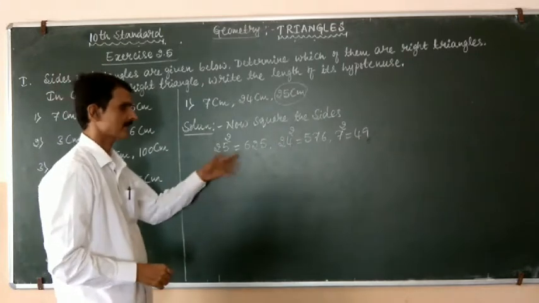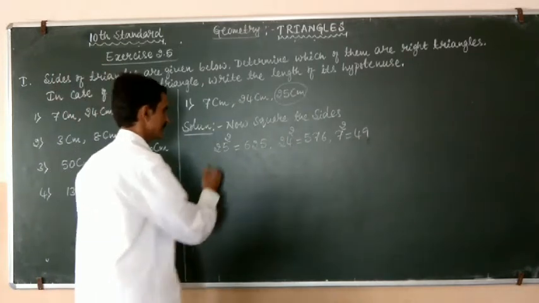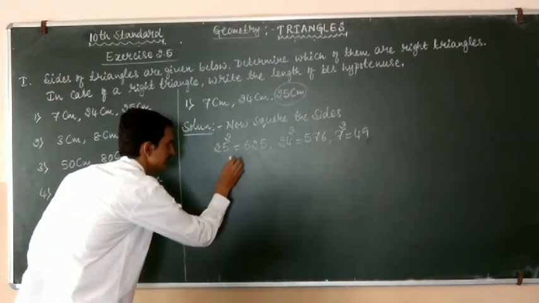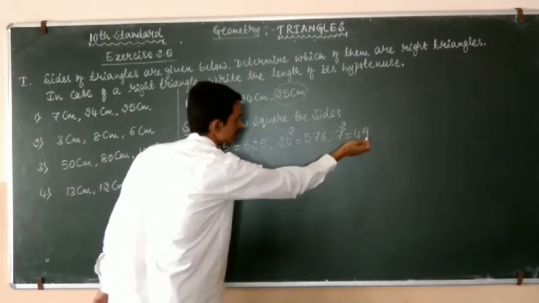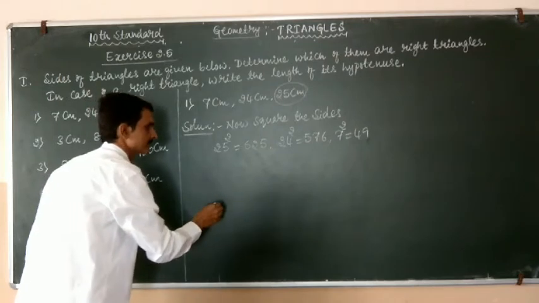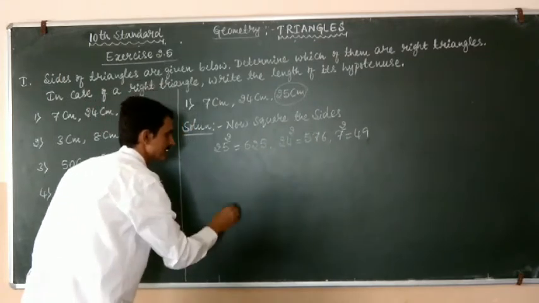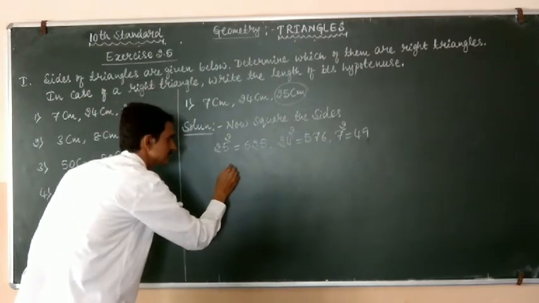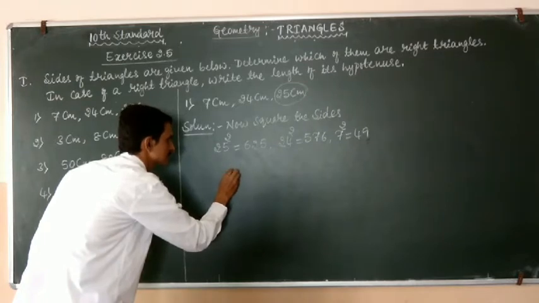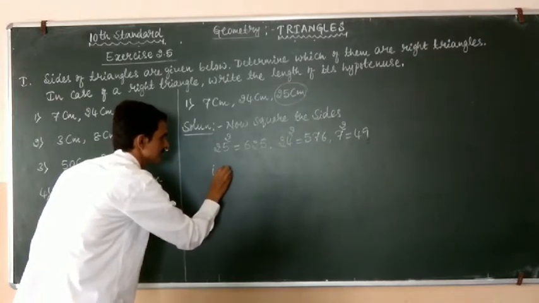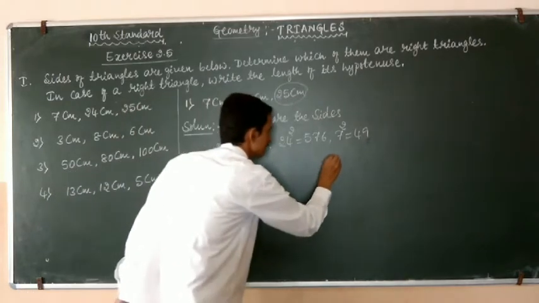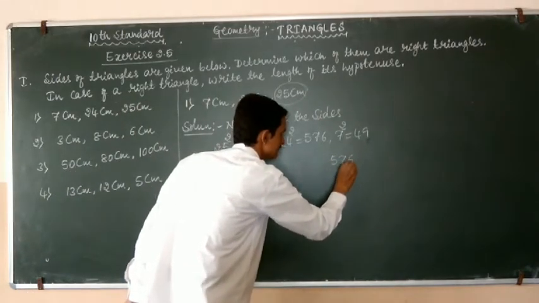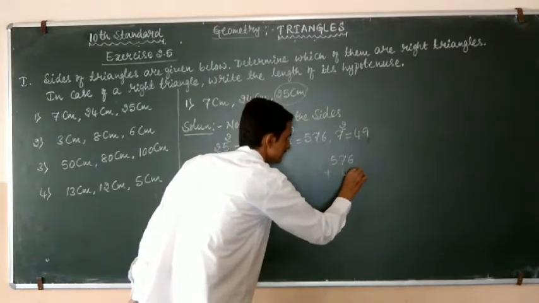So now apply the Pythagoras theorem. 25 square, that means the sum of these two, 24 square and 7 square, that is 576 plus 49.